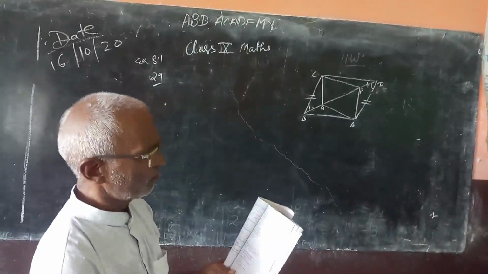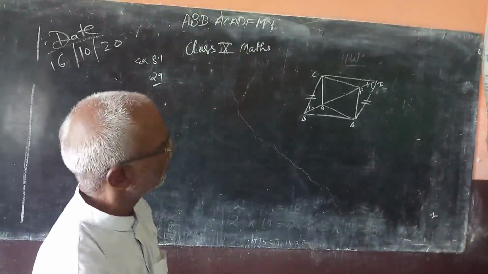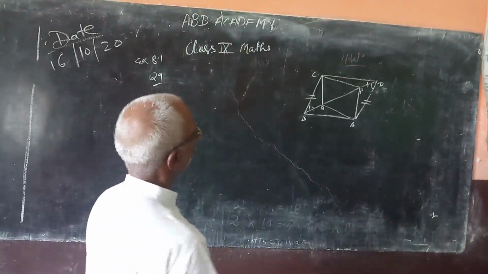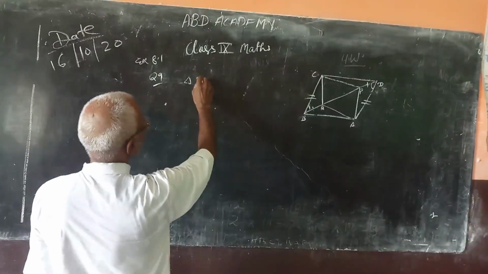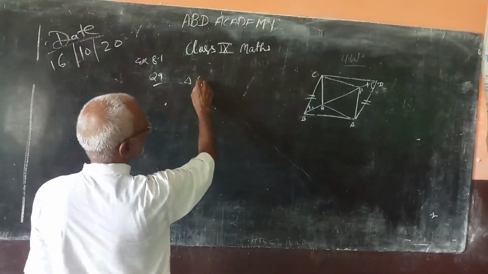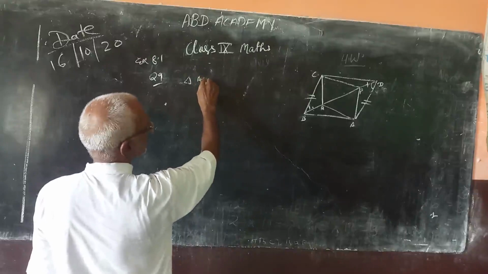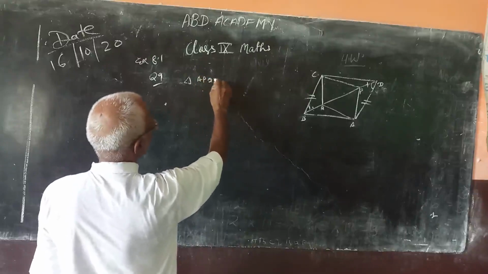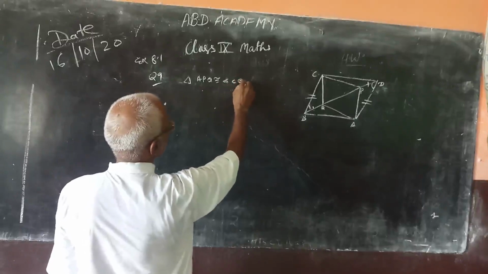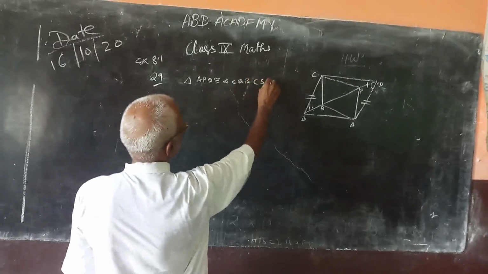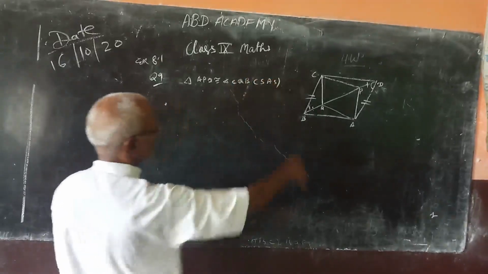When they are congruent, then AP and CQ will be equal by CPCT. First, I proved that triangle APD is congruent to triangle CQB by SAS congruence.